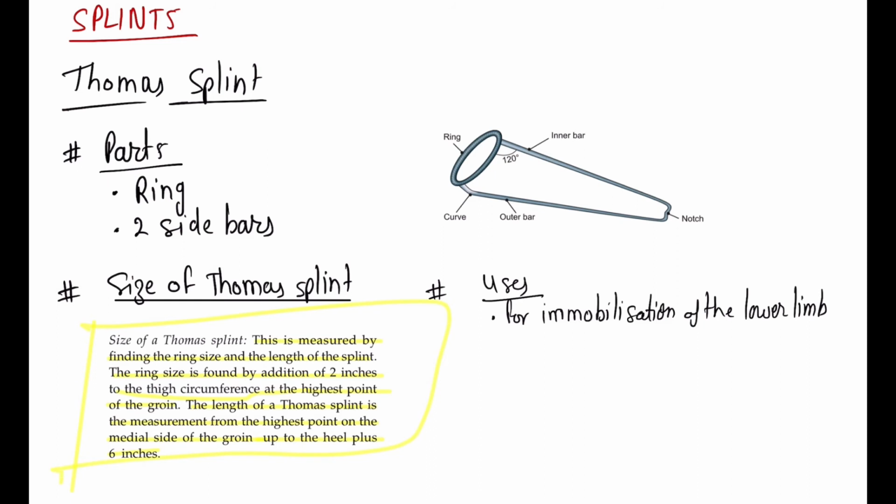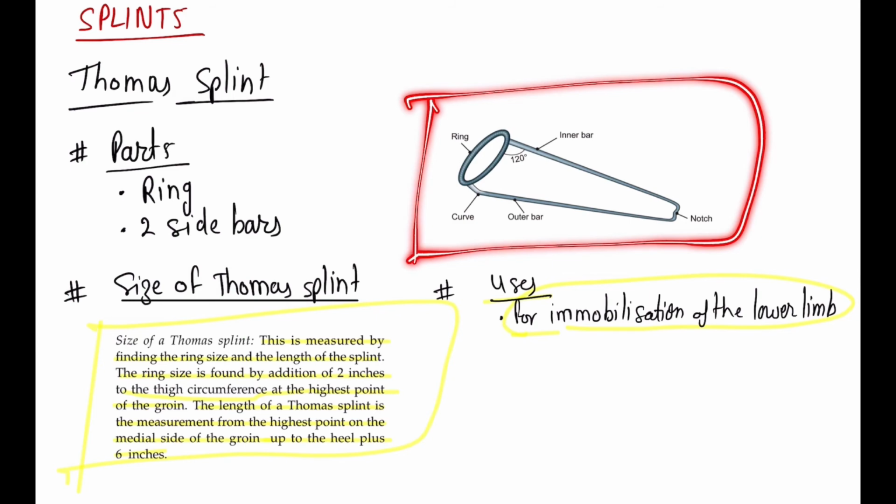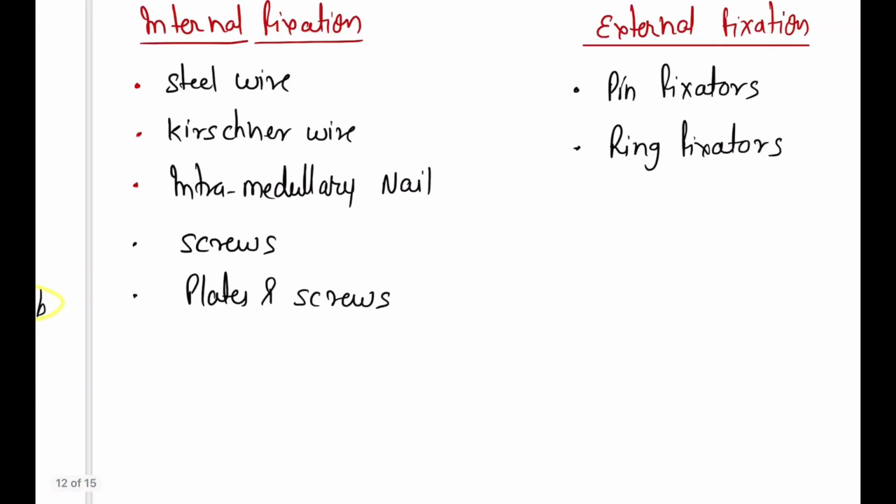You read this. Then usage, how and where we use it: for immobilization of the lower limb we use it, okay. So here in this portion, we can see this is a ring, then two sidebars are there. Then this also can be asked for drawing while in short answer or something, right.